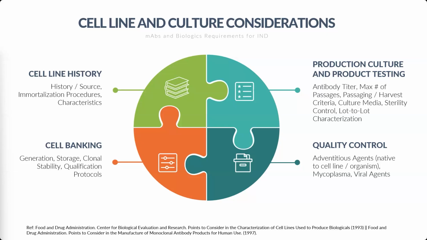Really, we're worried always from a cost and benefit analysis about yield and titer of the antibody, how many passages the overall bioprocess has, and that affects not only the quality of the product you make, but the stability of that product, as well as potential contamination elements.